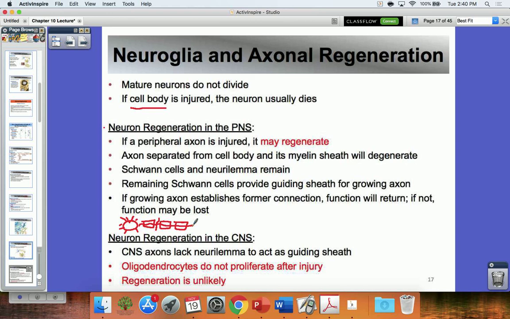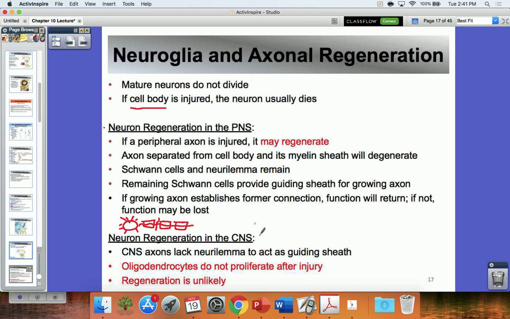For instance, my father, he had an accident where he was unable to use his arms for quite a while. And after maybe a month or 2 or 3 months, he slowly but surely was able to regain the control of his arms because those axons were able to reestablish a connection.